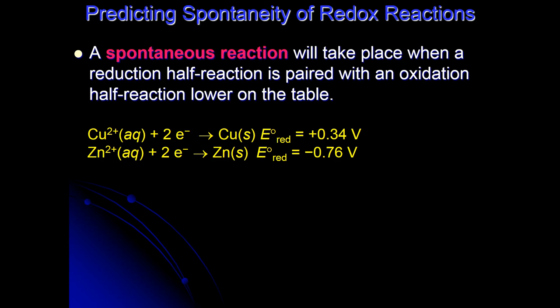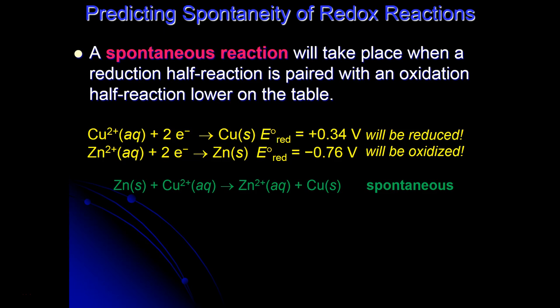It was paired with a half reaction much lower on the table. So the copper 2 plus is the one that's actually going to be reduced, and the zinc is going to be oxidized. And this is the reaction we're going to get. It's spontaneous. You put these two together, and they go together like peanut butter and jelly. They're going to want to work. The zinc's going to give up its electrons to copper, and we're going to get out some nice voltage.